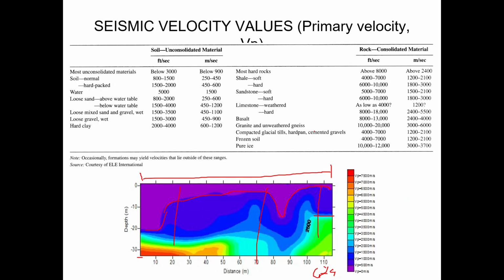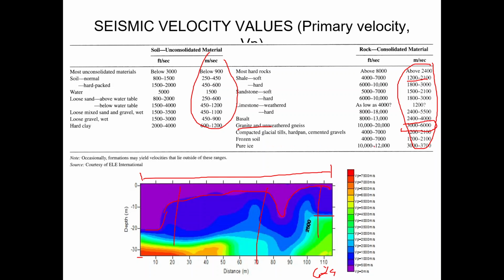Based on that velocity, we can check here. Normally we have the velocity values in meters per second. For rocks, most hard rock is above 2500. Soft rock is about 1000 to 2000. If we have, let's say, granite that is unweathered, it is much higher, 3000 to 6000 meters per second.